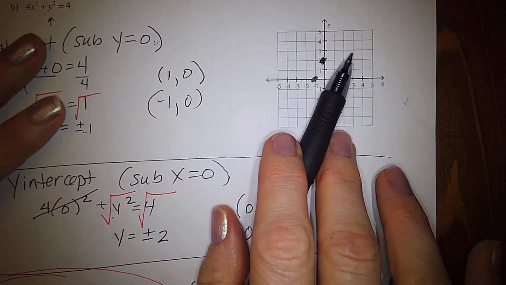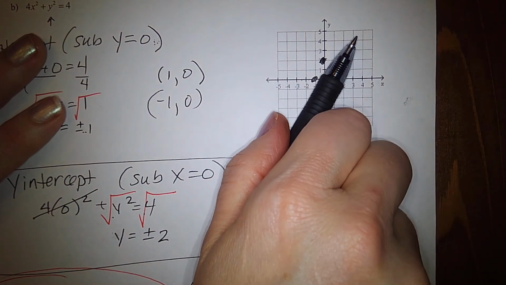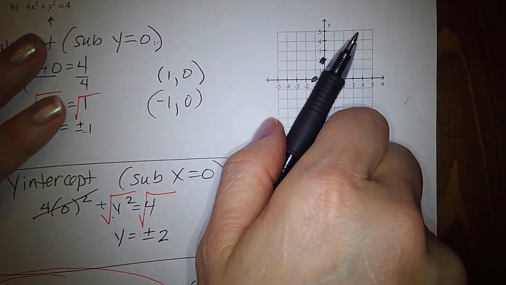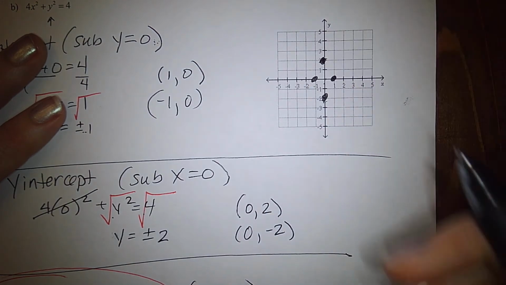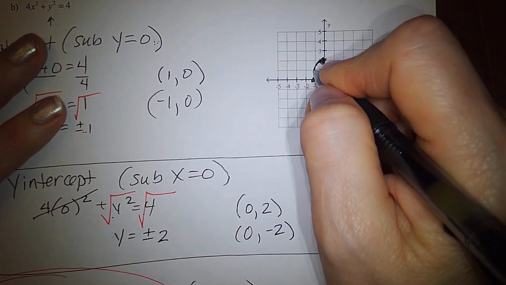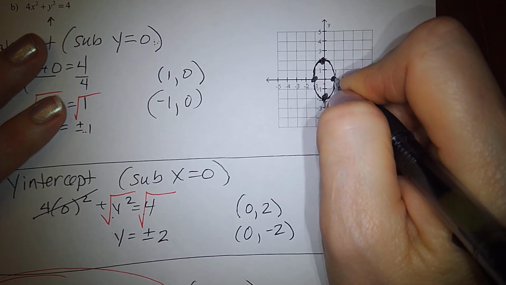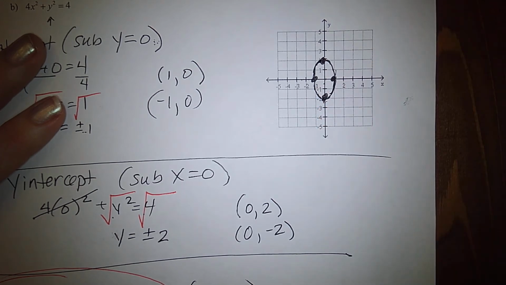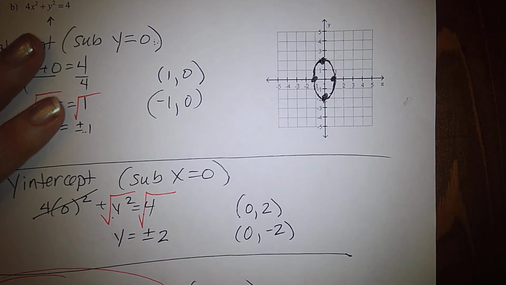Any point on the right-hand side is going to be 180-degree origin symmetric to any point that's down here in the third quadrant. Because this graph is actually going to be what we call an ellipse. So when I connect these all together, a fancy word for oval is an ellipse. And so you can see that this does have that symmetry.